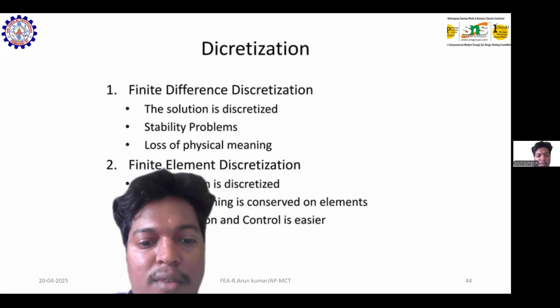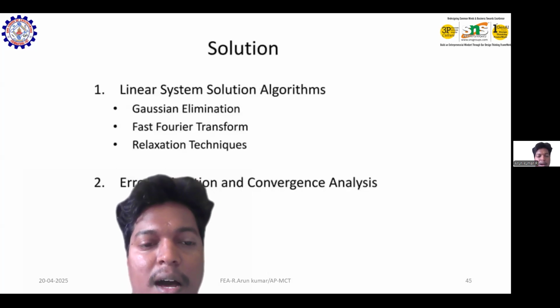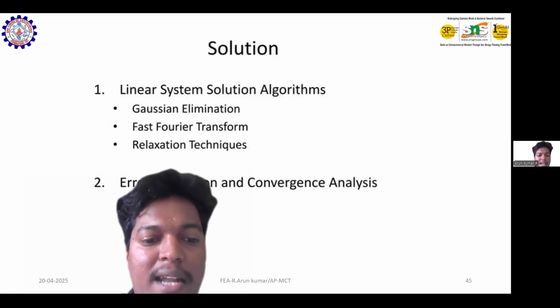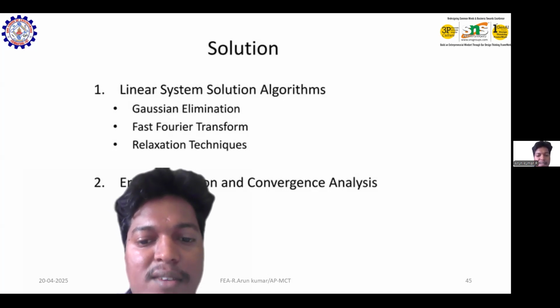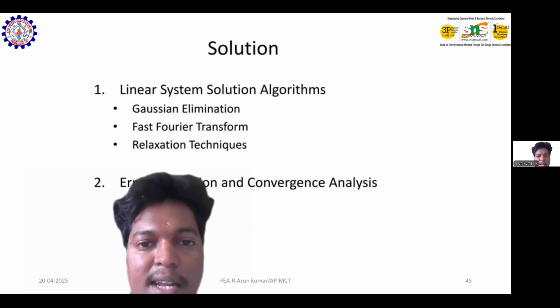But in the finite element discretization, the problem is discretized, the physical meaning is conserved on the elements, and the interpretation of the control is easier. For the solutions, the linear system solution algorithm goes either by the Gaussian elimination method, fast Fourier transformation, or relaxation techniques. The second one is error estimation and convergence analysis.